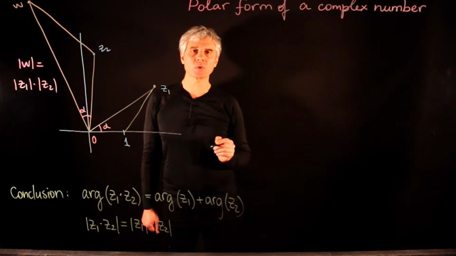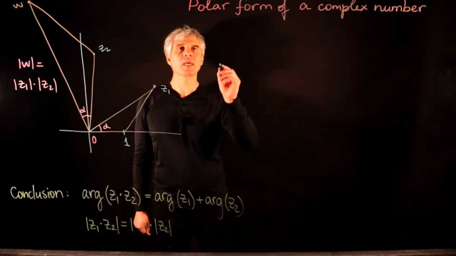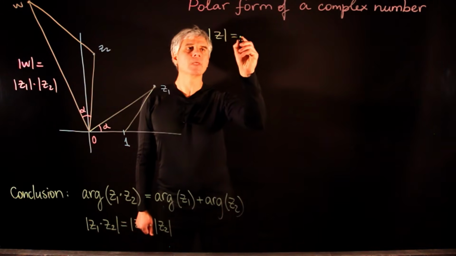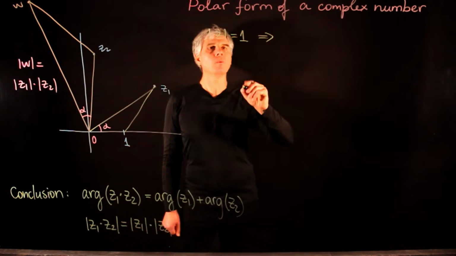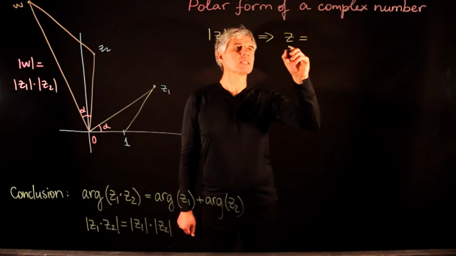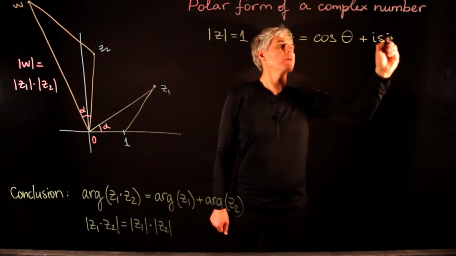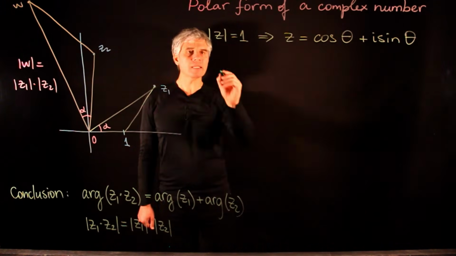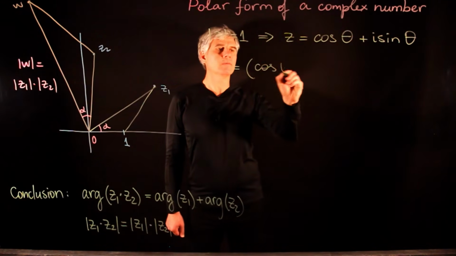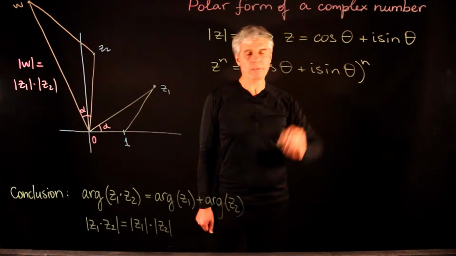Next, we're going to use complex numbers to derive some interesting trigonometric identities. Consider a complex number z with norm 1. Since the norm of z is equal to 1, in polar form, we can write it as cos theta plus i sine theta. Let us consider the nth power of z. So this is (cos theta plus i sine theta) to the power n.